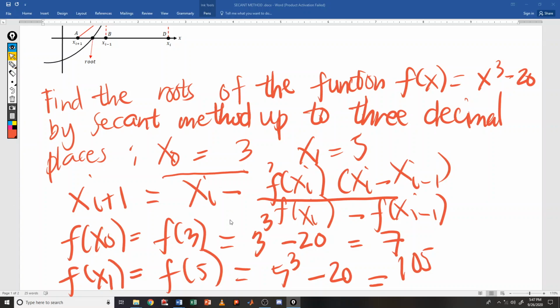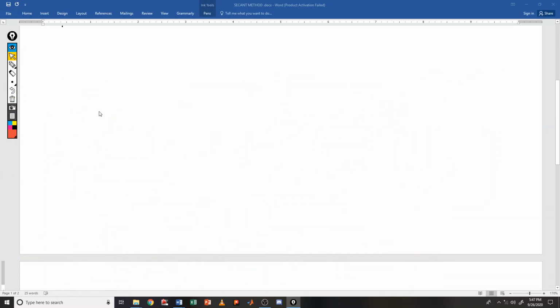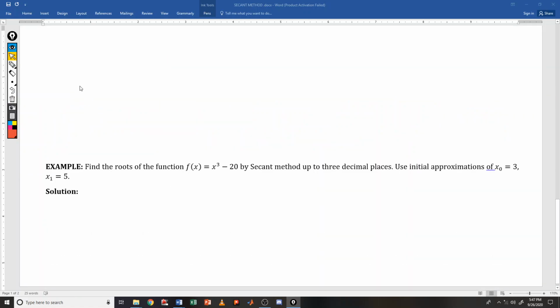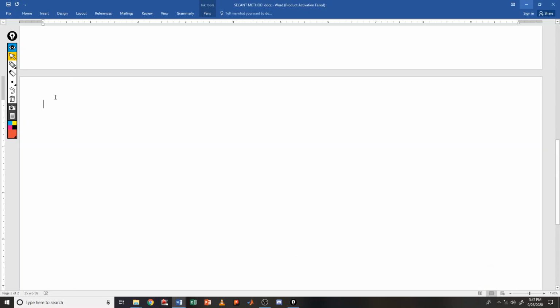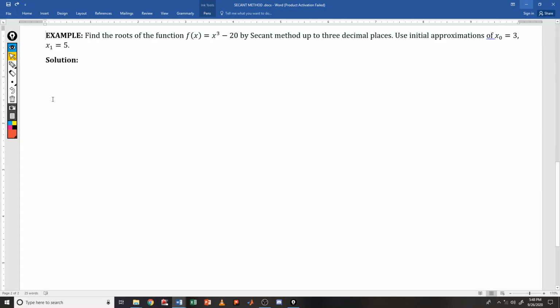Since x0 and x1 are already given, we have to get the next iteration. We'll start with i equal to 1, so we have to get x2.